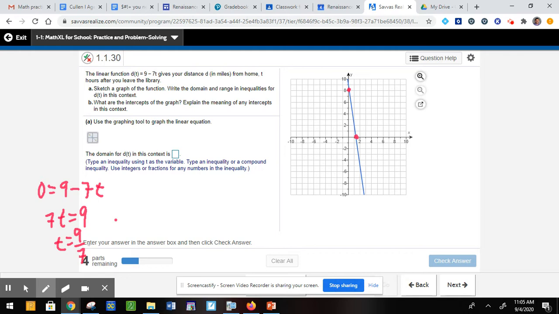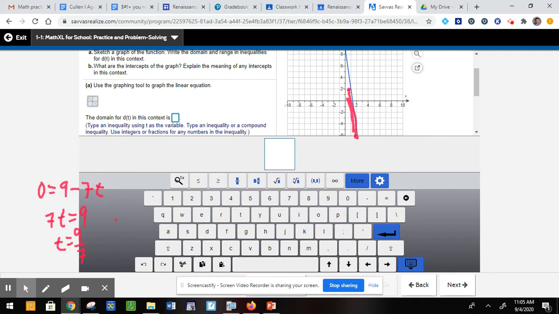Okay, so the x value at the first point is 0. The x value at this point is 9/7. The x value has to be somewhere between 0 and 9/7. So the domain is going to be the compound inequality of 0 is less than or equal to t.